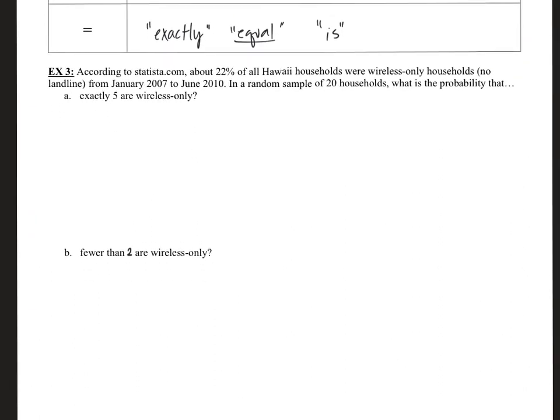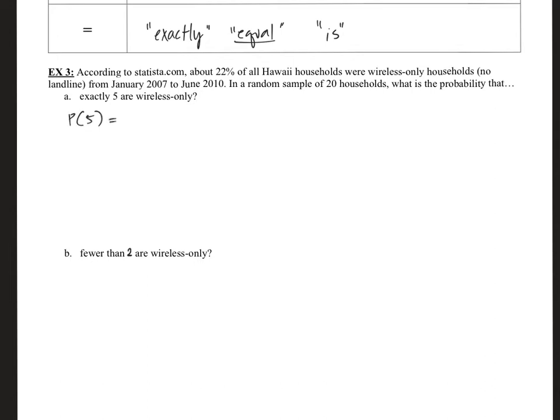All right, so let's take a look at example 3. According to Statista.com, about 22% of all Hawaii households were wireless-only households, which means they didn't have a landline, from January 2007 to June 2010. In a random sample of 20 households, what is the probability that exactly 5 are wireless only? So what we're looking for here is the probability of exactly 5.